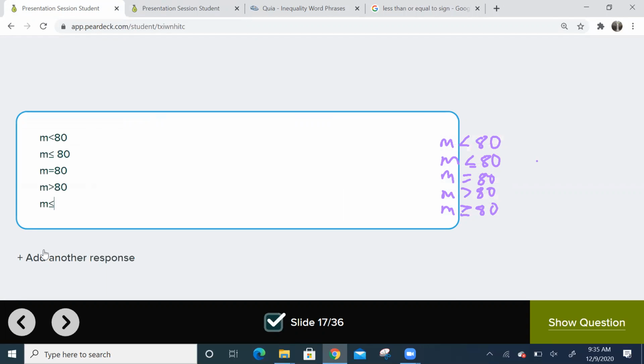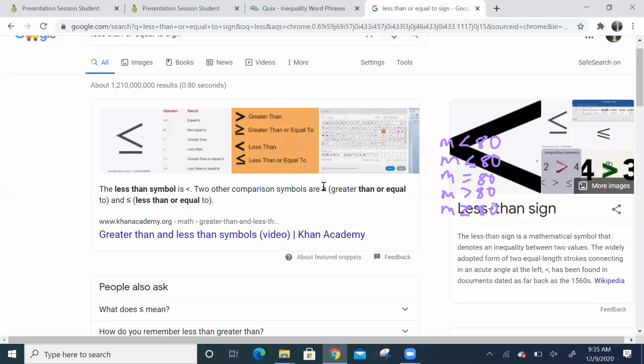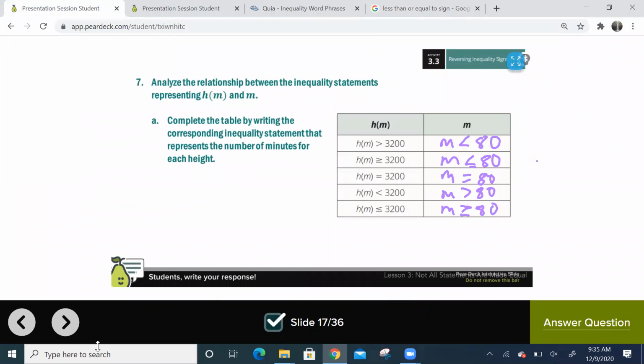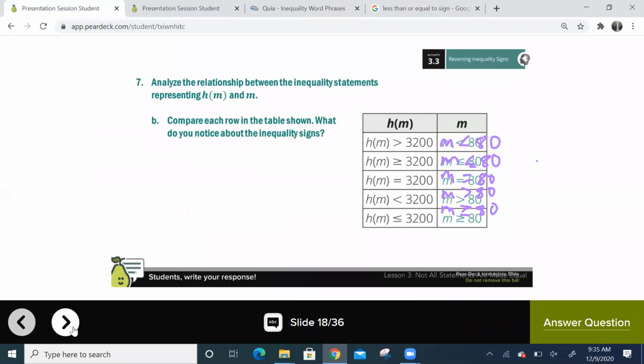No, that's the less than symbol. I want greater than. This is greater than. Copy, copy, and paste. There we go. Okay. So there's our answers. Okay, and they had them for us right there. m is less than 80.